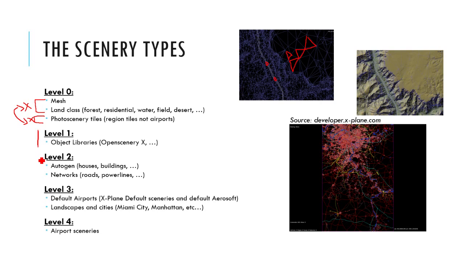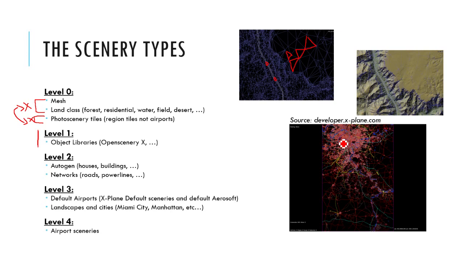Level 2 is what I consider autogen and networks. I have a picture here, from the same site, developer.x-plane.com, which shows you the road networks, as well as the water here.